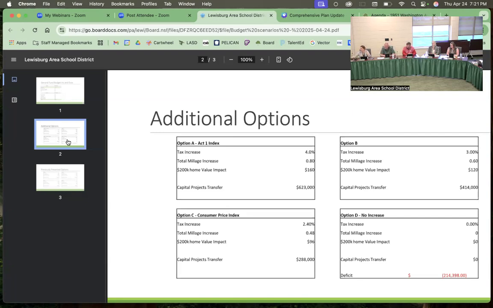Thank you for the reminder. In our last presentation, our previous tax increases: in 2021 we went with 0, then we voted on 2.94. You can tell that's a compromise number. In 22 we voted on 2.75. In 23 and 24 we went with 3.5% both of those years because inflation was so high.